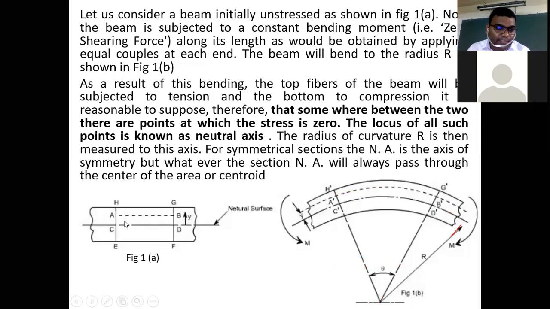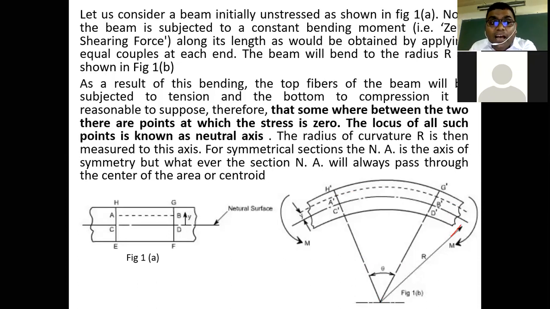Initially we know that these two, AB and CD, are parallel. Initially the original lengths, because these two are parallel, it means AB and CD are equal. And we know that CD is the neutral surface. There is no effect of the bending.